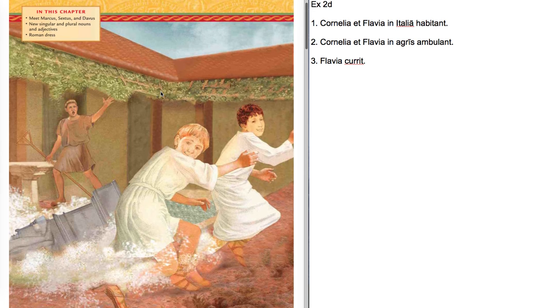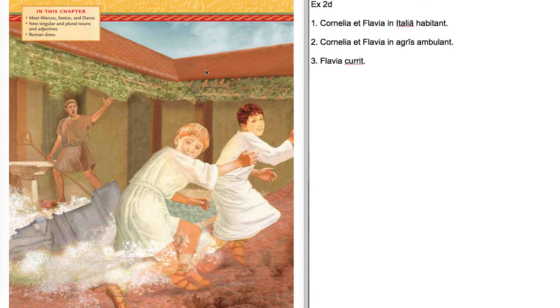So, notice the picture. We have Davus, who is a British slave, obviously a little bit miffed, a little bit angry about the boys. We are now inside the house, even though it sort of looks outside. One of the cool things about Roman villas is that they have this room in the house, which is sort of an indoor-outdoor room, like an open roof.